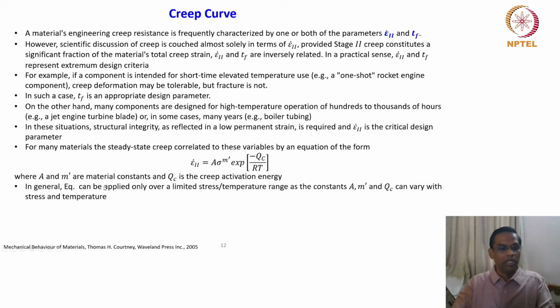In general, the above equation can be applied only over a limited stress and temperature range, as the constants A and m prime and QC can vary with the stress and temperature. You have to remember, creep is a strong function of stress, temperature and strain rate. A combination of these parameters will suit different materials in different contexts. So this equation also will work for a limited stress and temperature range, because the constants can vary with the temperature and stress.